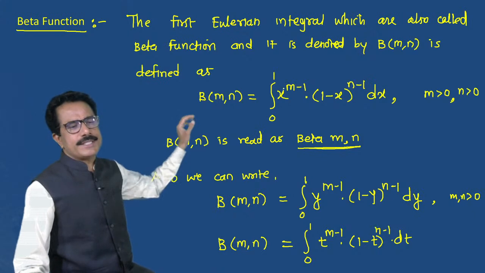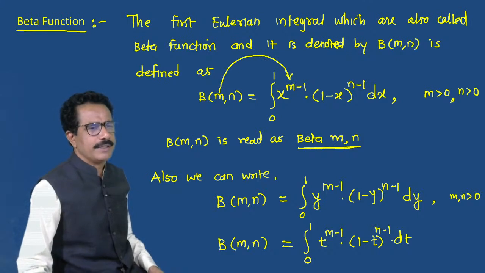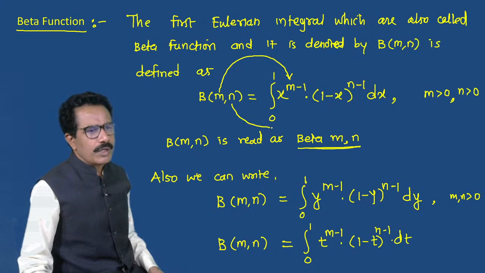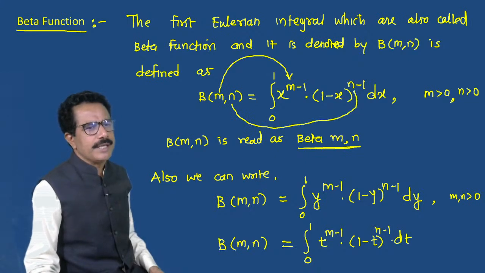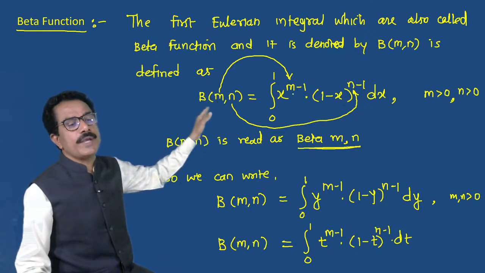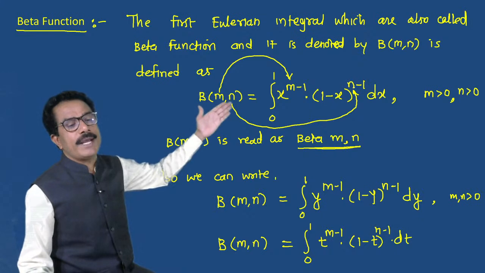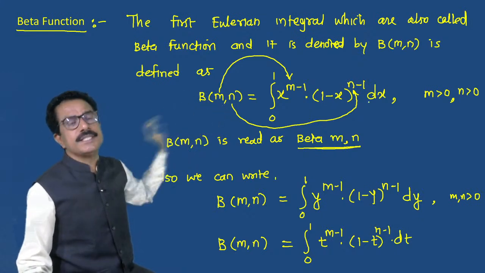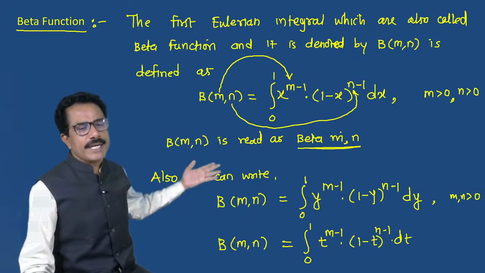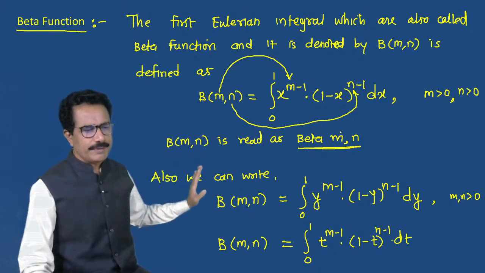See this, in place of m we have to write m minus 1, and in place of n we have to write n minus 1, that is 1 minus x raised to m minus 1 into 1 minus x raised to n minus 1 dx. This is the main formula, and we can write it in terms of dx, dy, or t, whatever it may be.